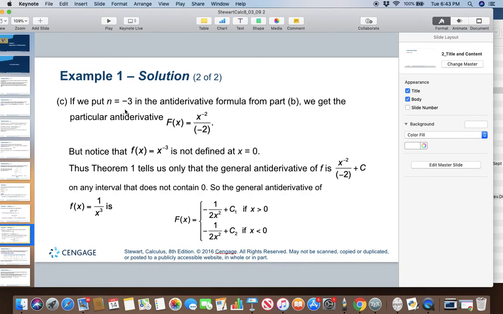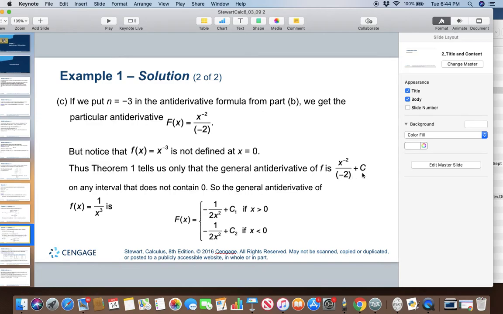Next. In general, suppose you put n equals negative 3. Well, negative 3 plus 1 is negative 2. Okay. So, what is this? Negative x to the power negative 2 over negative 2. This is an antiderivative of x to the power negative 3. But they are not defined at x equals 0. All right.